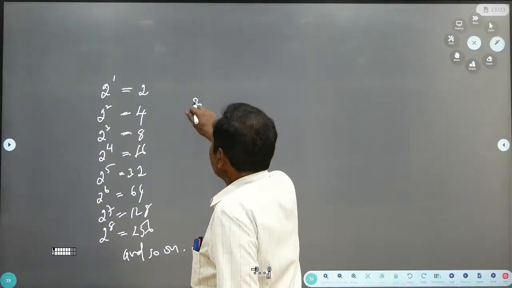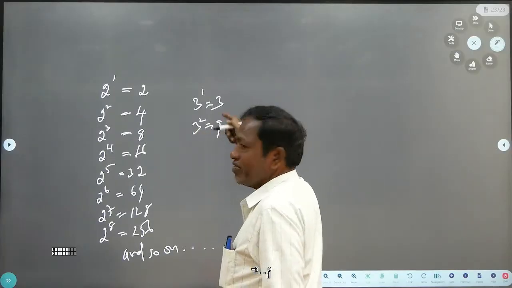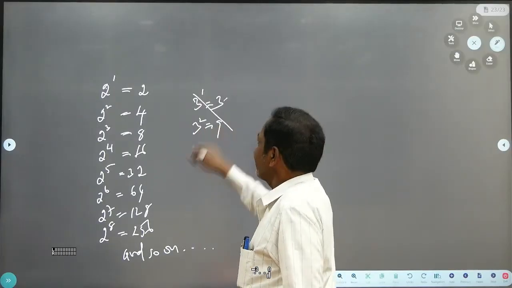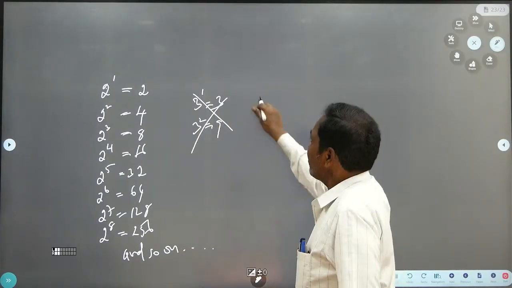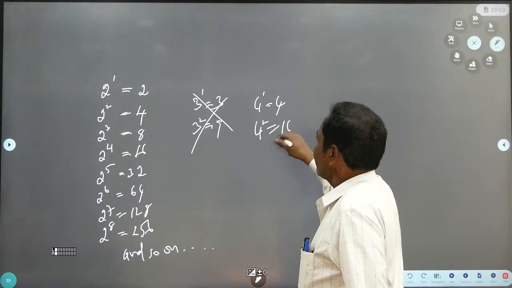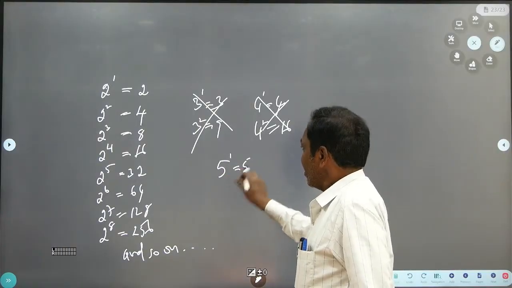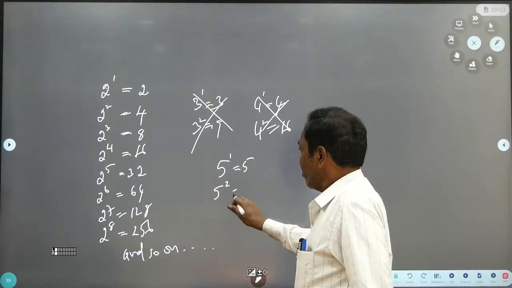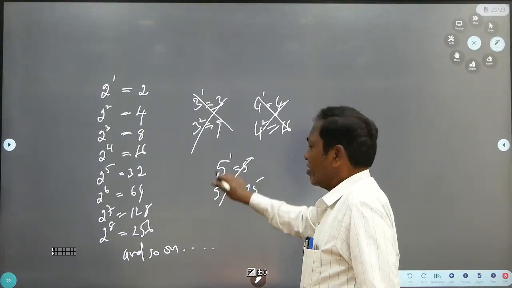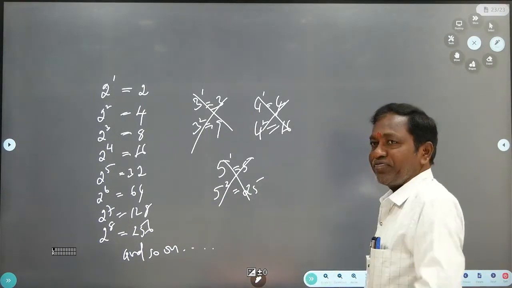For example, if you take 3 to the power of 1, then 3 squared is 9, which is not doubling the value. If you take 4 to the power of 1, 4 squared is 16, no. Again, 5 to the power of 1 and 5 to the power of 2 is 25. It means it will not come for any other number except 2.